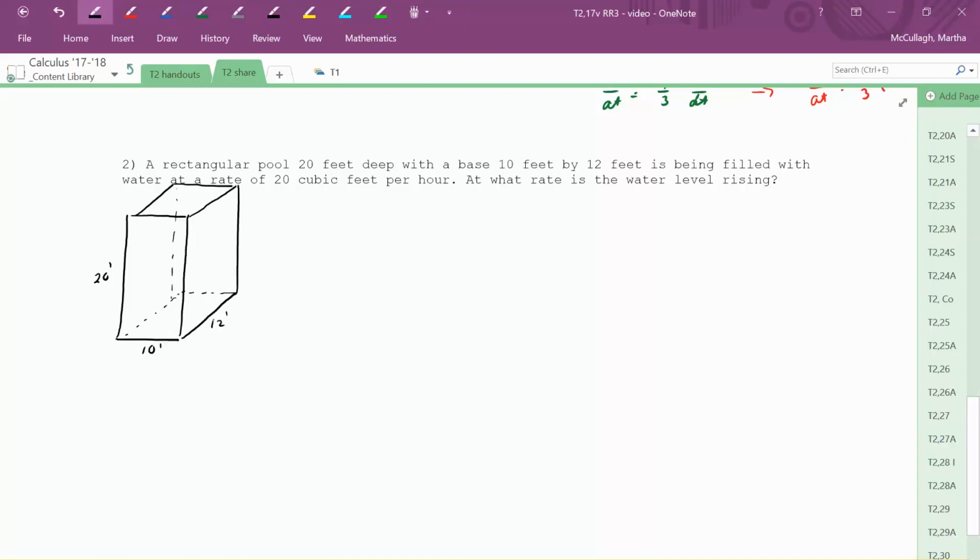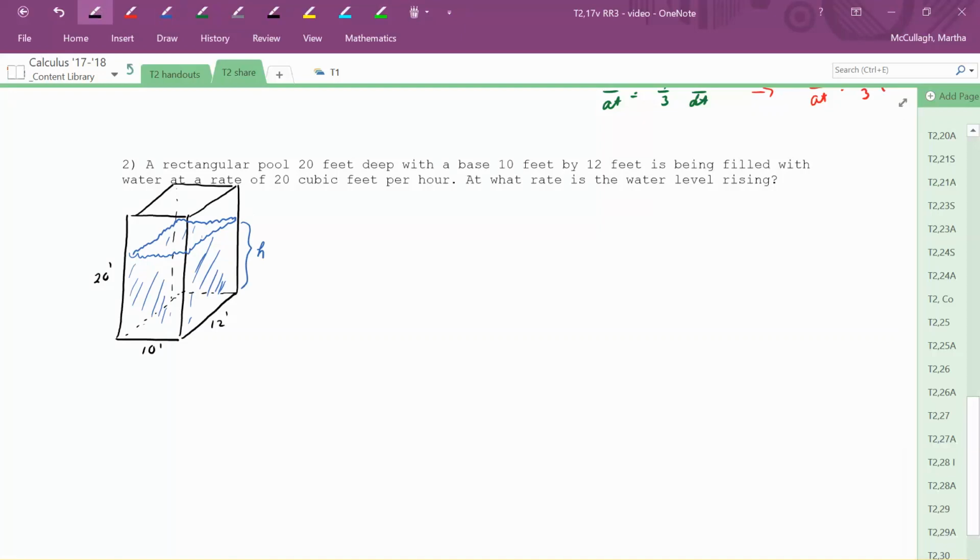Those values aren't changing, but what is changing is the height of our water. We've got water filling up this pool, and it is at some height, and that's going to be changing because we're adding water to the pool. So this height of the water, we might want to call that H. H for the height of the water. Okay, and that part is changing.